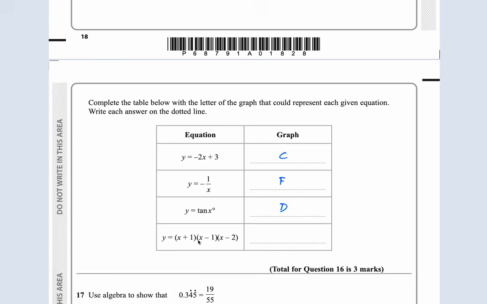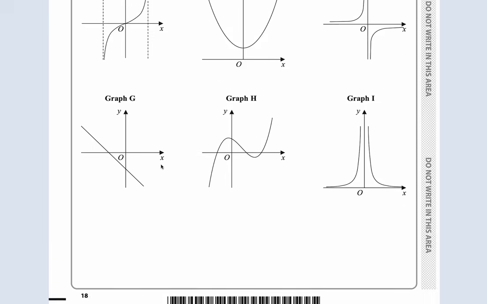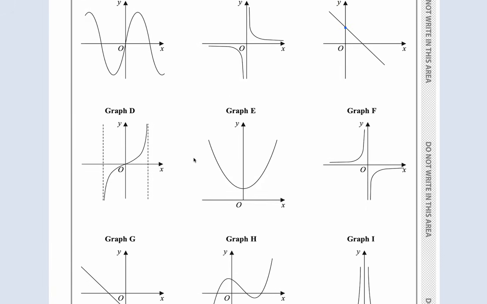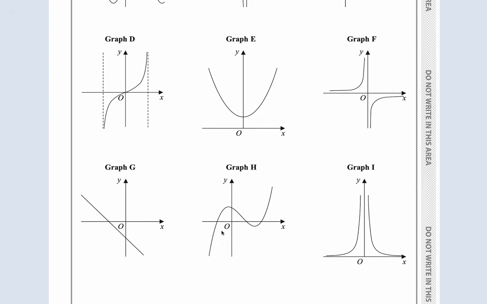And then finally, x plus 1, x minus 1, x minus 2, right? This is going to be a cubic because my x times x times x gives me cubic. It's a positive cubic, so it's going to look something like this. That's what a cubic looks like. And just in case there's more of those types, let's have a look. No, this is the only one that it could possibly be.